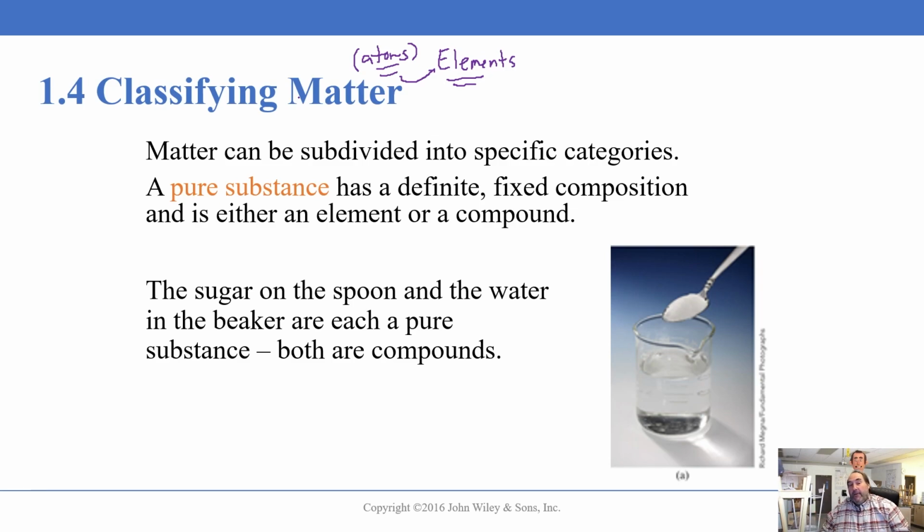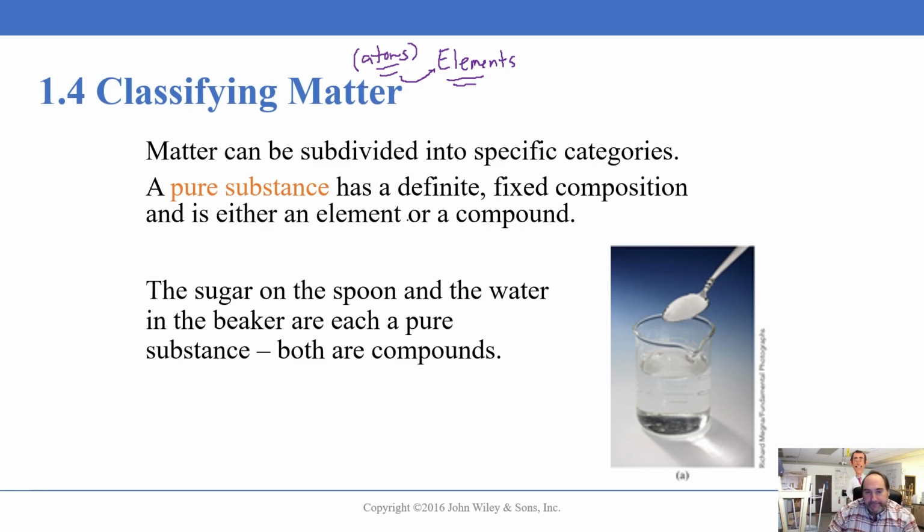And the same idea here, we have only so many elements on the periodic table, 110-ish or so, or whatever we're up to these days. But different combinations of elements, different amounts of elements that come together give us different compounds.